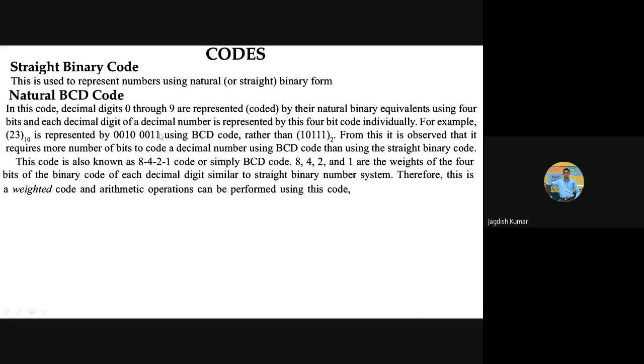If we see here, its weight is 1, its weight is 2, its weight is 4, its weight is 8. So every number is represented with the help of 4 bits. That is why we are saying this is 8421 code, or simply BCD code, we can call it. So that's how we can represent any number in BCD code.